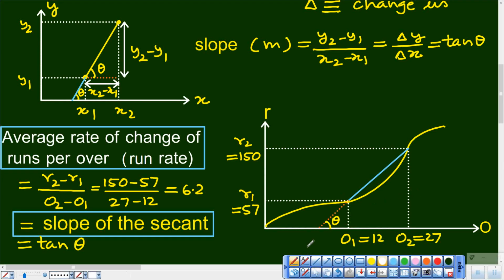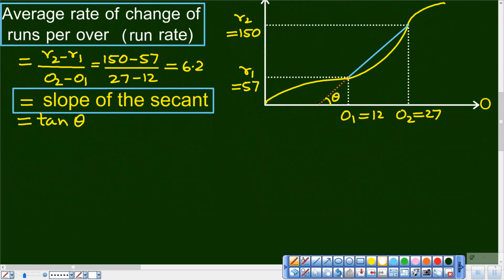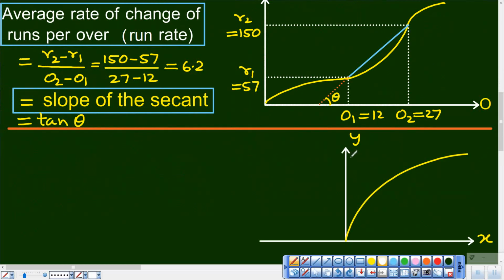If we generalize the notion we just discussed, let's say that there is a variable y which is varying with x. It could be anything.